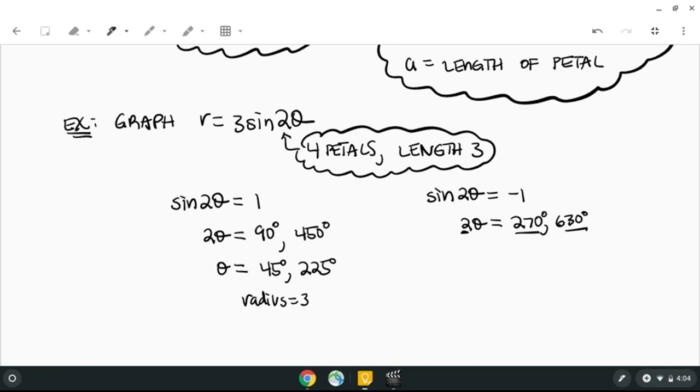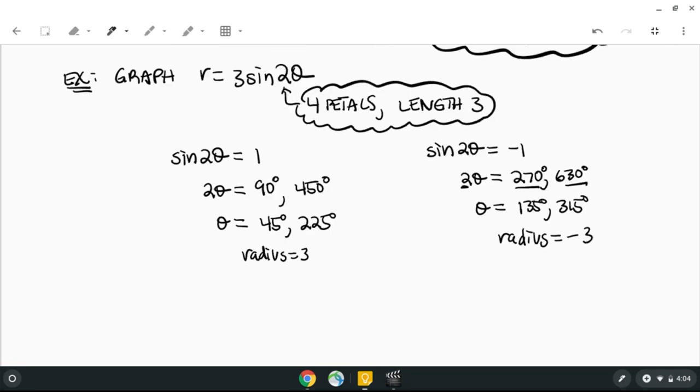Divide everything by 2, and you get 135 degrees and 315 degrees. These are the other 2 places where you have a petal, and in this case your radius equals -3, so you'll have to march backwards.